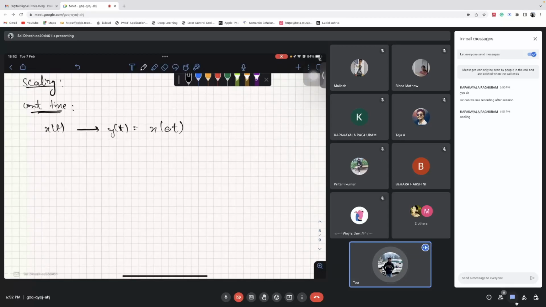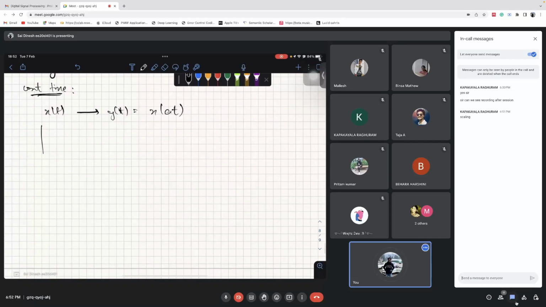In the continuous time case, let's say you have a signal of this sort. This is x of t. What is x of 2t? So y of 1 would be x of 2, and then y of 2 would be x of 4. So this is basically like skipping some samples and taking the rest of the samples, right?